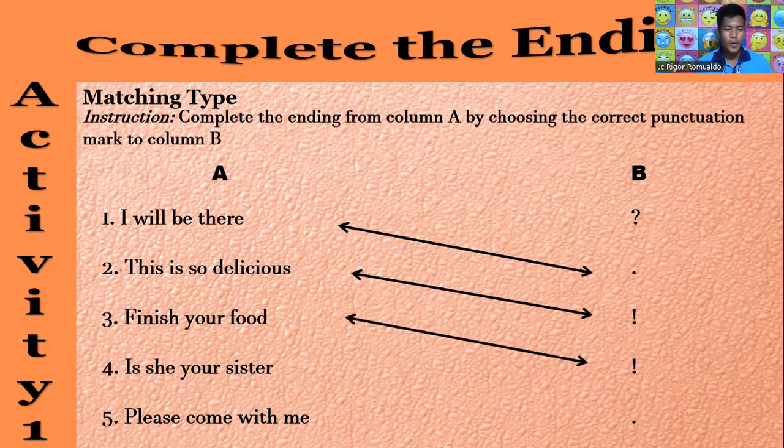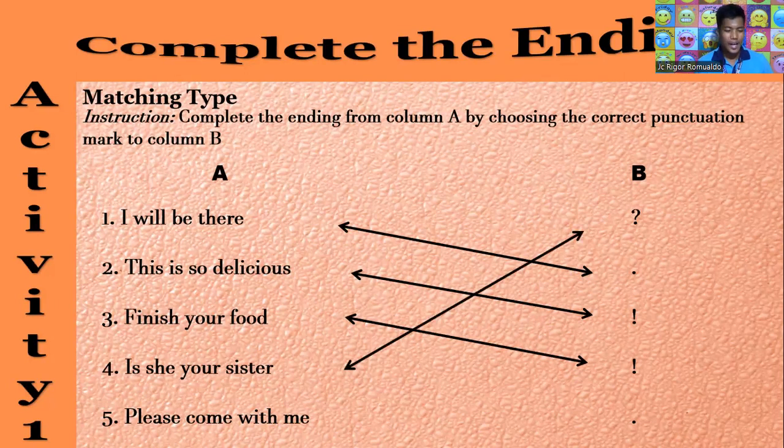How about number 4? Who wants to answer? What's your name again, ma'am? Again, Pineda. So who's Pineda? The other one. Angela Pineda and who? Jelly Pineda. Okay. What's your answer? Is she your sister? Wow, very good.